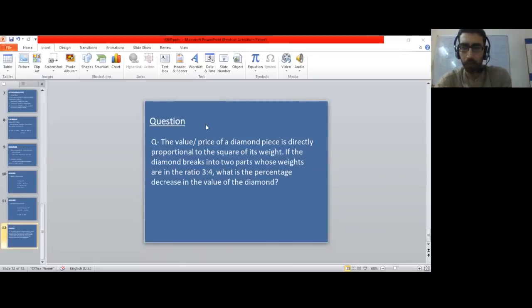Okay. So what we have been given is a diamond has broken into two parts, which are in the ratio 3:4, and the value of the diamond is directly proportional to the square of its weight.